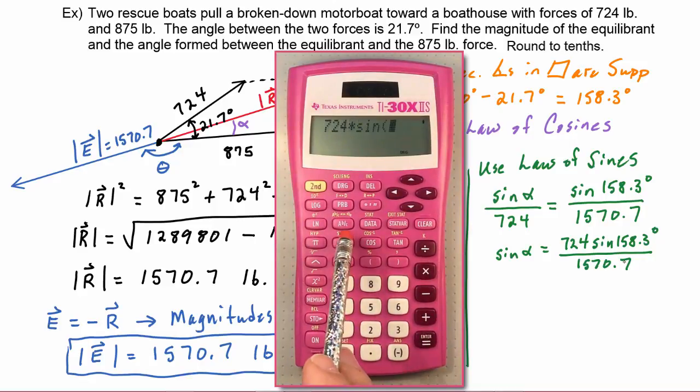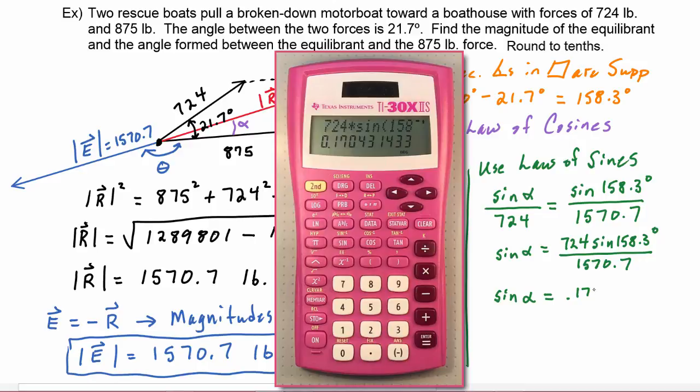724 times the sine of 158.3 divided by 1,570.7, we get 0.17043, etc. And let's go ahead and store that in a memory location, maybe A. We know that we'll take the sine inverse of both sides.